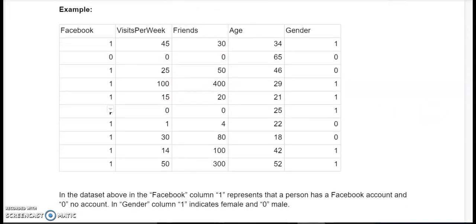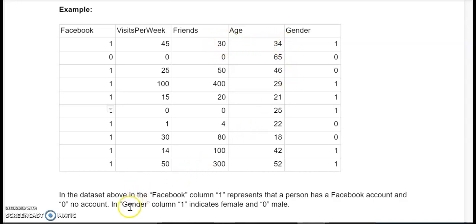Okay, so in the data set above, the Facebook column represents whether a person has a Facebook account. 1 represents that the person has a Facebook account, and 0 no account.